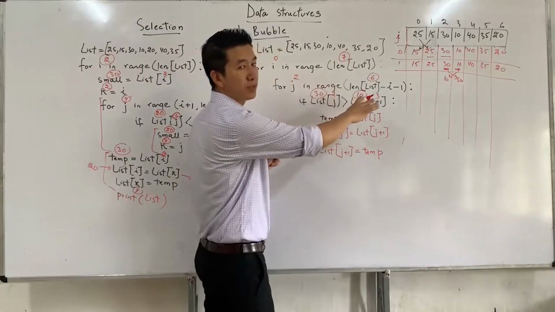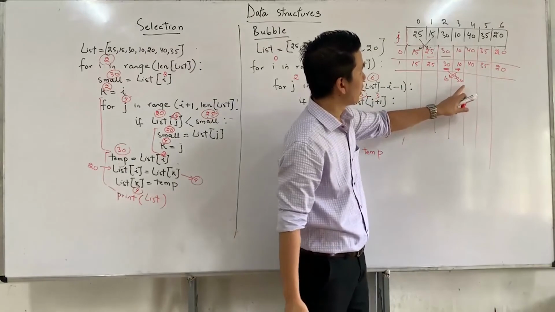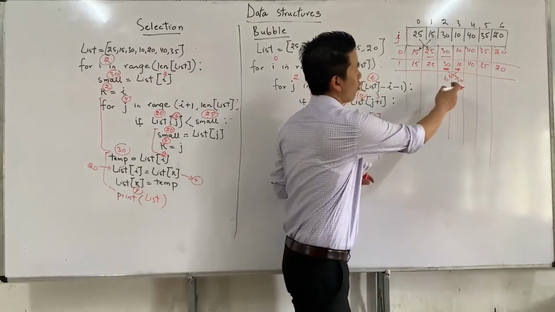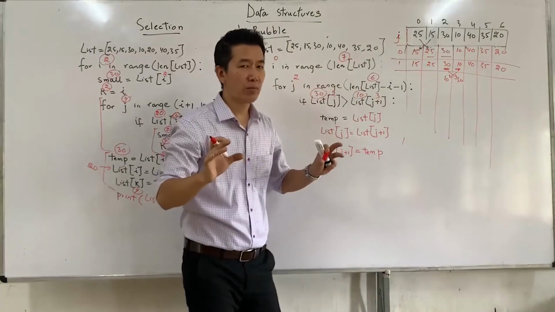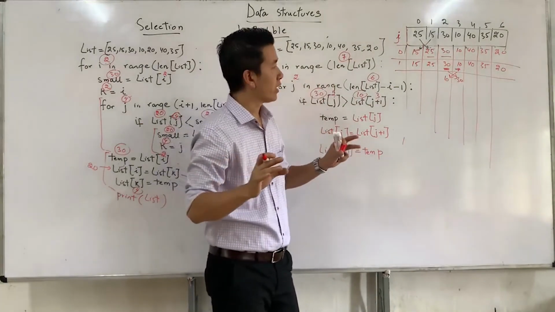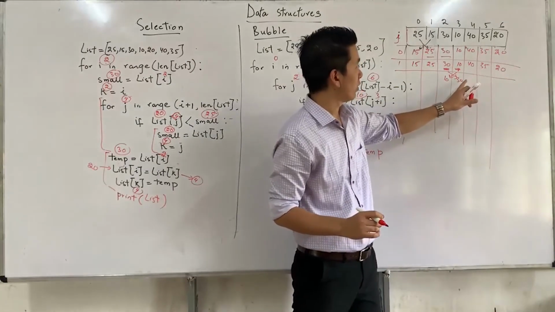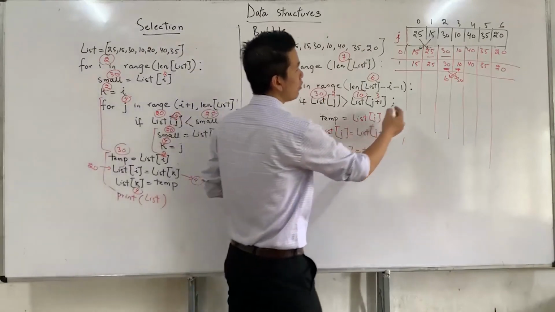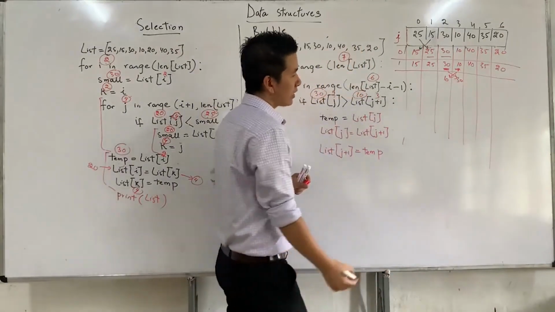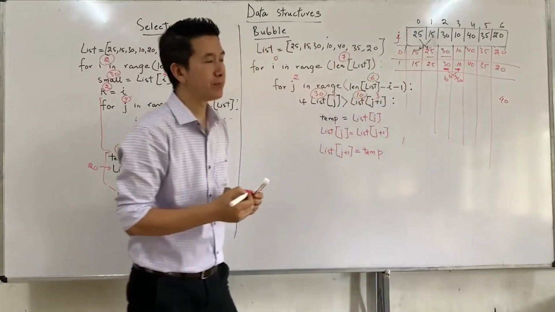Likewise, if you go on with the explanation, you will realize that the 40... Now over here, when you compare 30 and 40, the condition becomes false. If the condition becomes false, it will consider the next value, which is 40, as the biggest. So this will move on and on until the 40 will be placed right at the end.